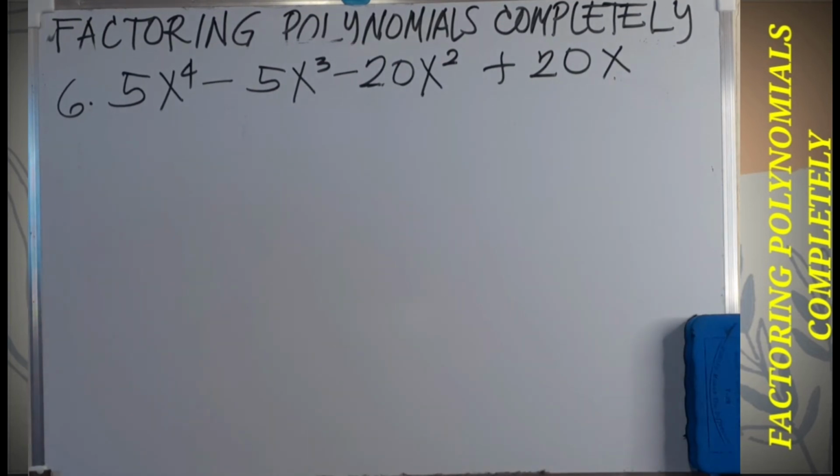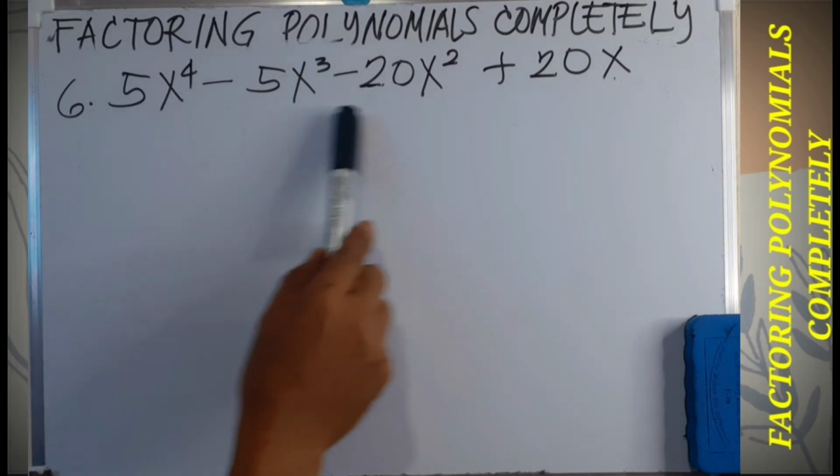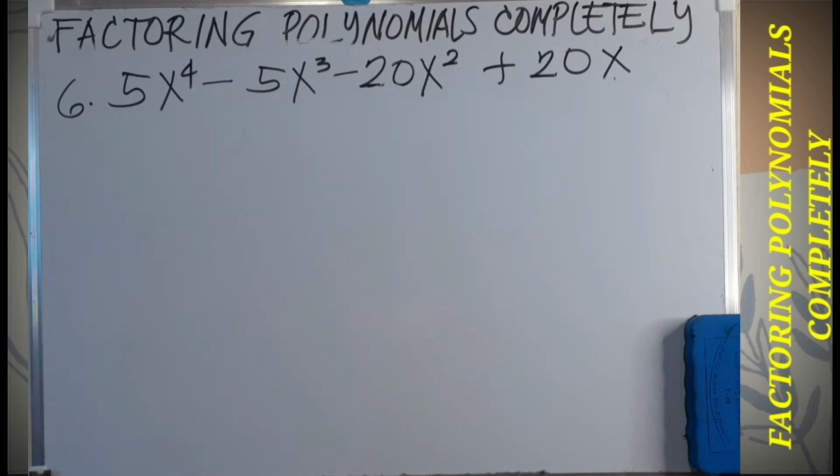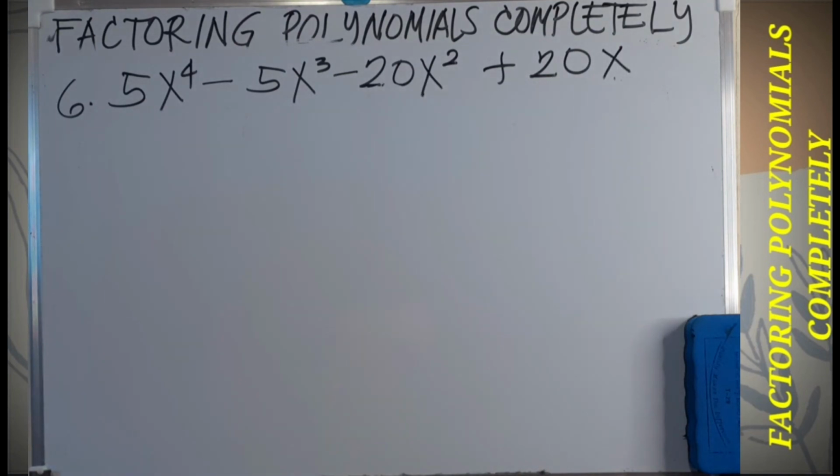Or in other way, we can also factor completely the following polynomial like this. We notice that 5 is common between the 4 terms, and all of them have the variable x.